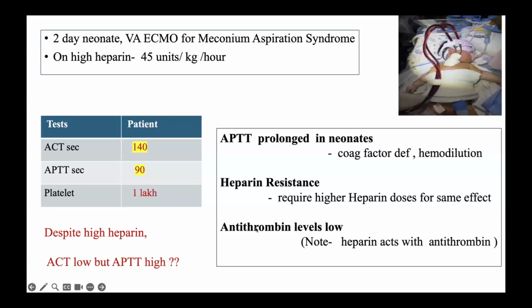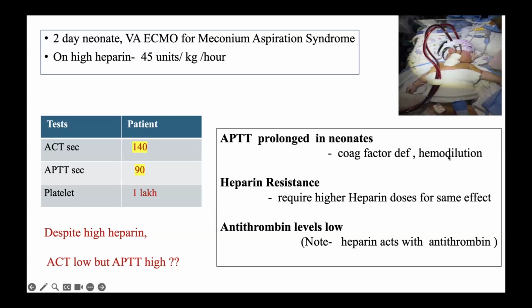Remember, in neonates, the coagulation factors take a few years to reach the adult level. So APTT is generally prolonged because of coagulation factor deficiency. It is not due to the ECMO or the illness, but they do have a slightly more prolonged APTT as compared to adults, which is not due to the heparin.